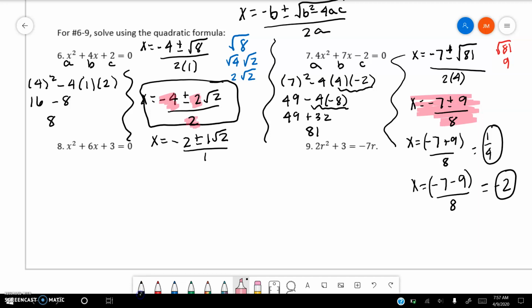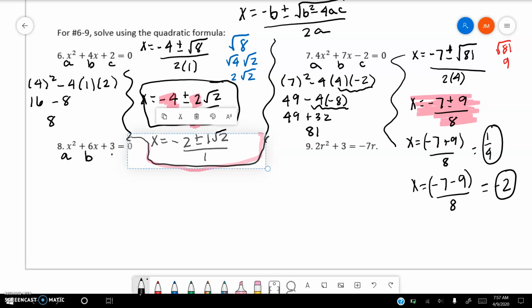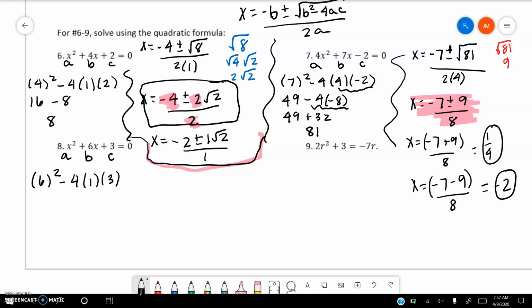So for number 8, we are going to do the same thing. You have A, B, and C. So we have 6 squared minus 4 times 1 times 3. 36 minus 12.